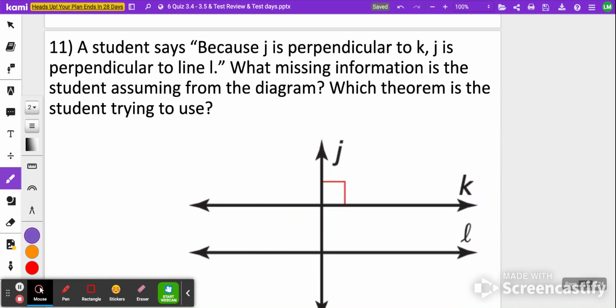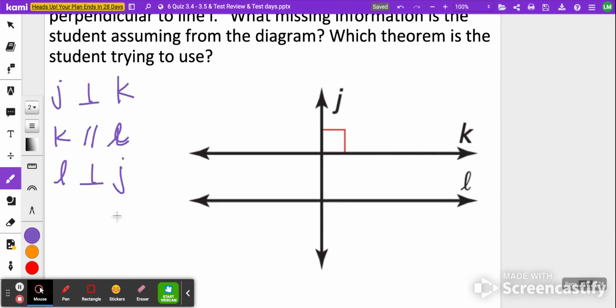Okay, 2 more to go. Number 11, a student says because J is perpendicular to K, J is perpendicular to line L. What is missing from that information, and what theorem could you probably use? What this student needs to say is J is perpendicular to K, and maybe K is also parallel to L. So K is parallel to L. That means that L can now be perpendicular to J. So the person trying this, maybe they were trying the perpendicular transversal theorem.